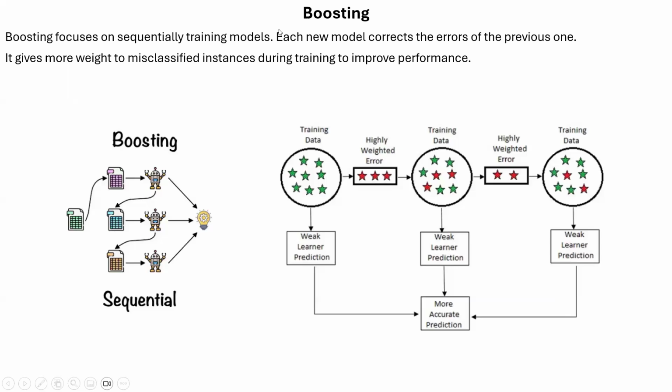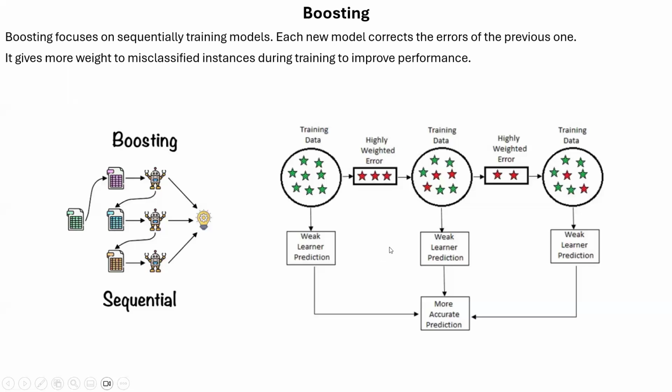So boosting is a sequential training model. That means how this actually works is, if you look at this particular diagram, this is the training data that we have picked. We want to do classification on this training data. So we pass this data through a weak learner which predicts some output.